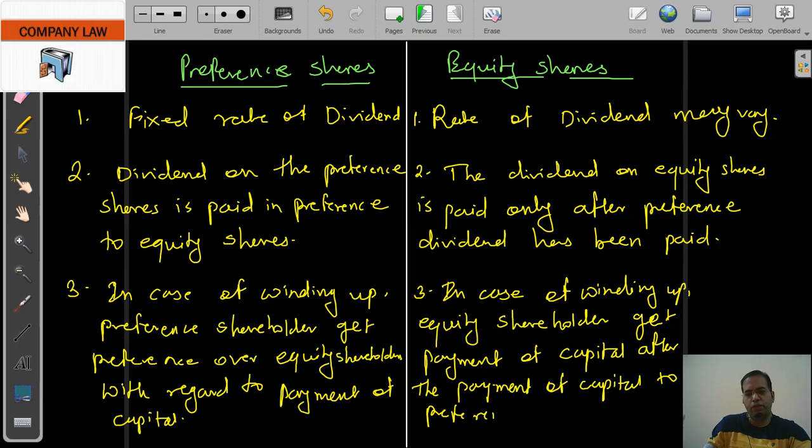So this is just opposite to what we have just understood. So always remember the 2 main points of difference between equity shares and the preference shares are: in case of winding up, the preference shareholders get the preference over equity shareholders in the case of repayment of capital, whereas the equity shareholders will get payment only after the repayment is made to the preference shareholders.